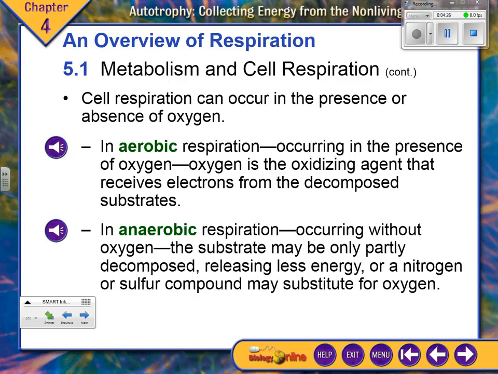Now, anaerobic, when you put A in front of things, okay, that means that it's without. So these reactions don't need what? Oxygen. So that's anaerobic. Now, some of you that are working out or will be working out, or maybe you're even on a team or something, sometimes you do anaerobic training.